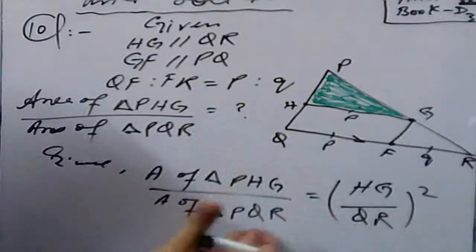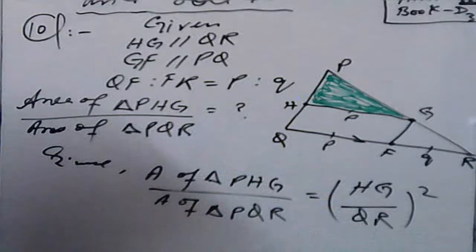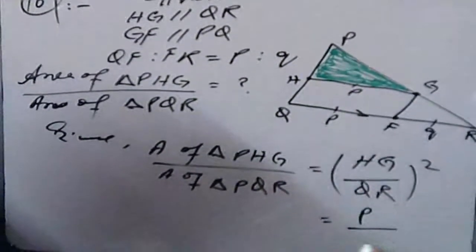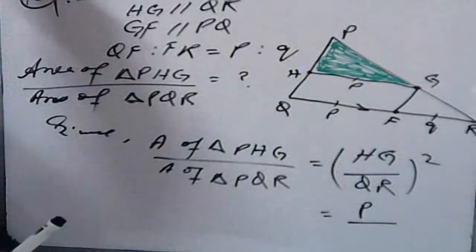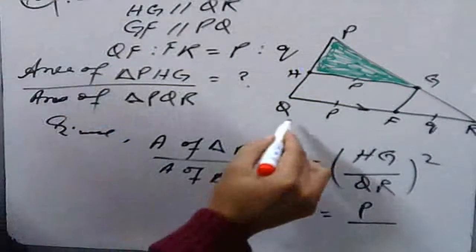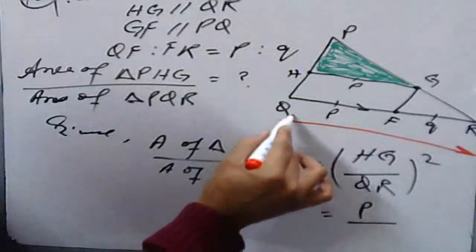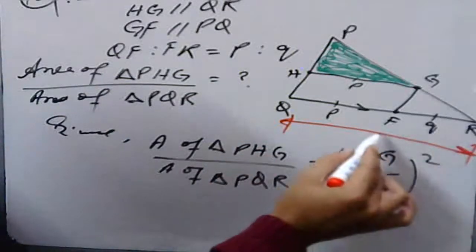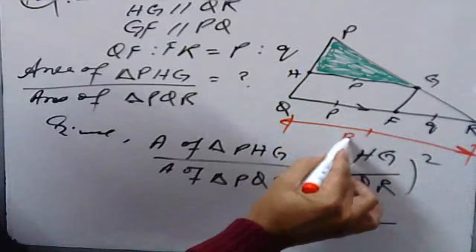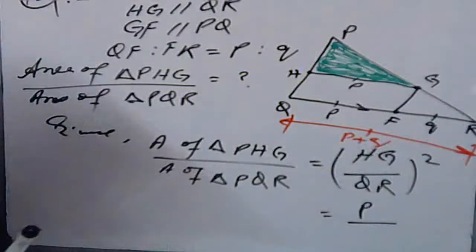So that is your simple formula, as we have discussed in question number 7 of exercise 8, in which we have taken this formula. So by putting HG is your P and QR, you can see in your figure, that is your QR up to here.